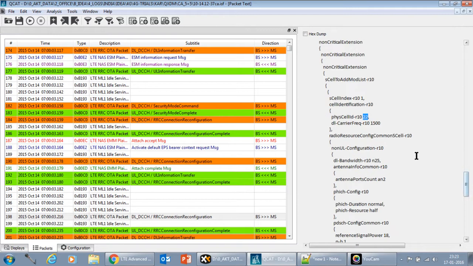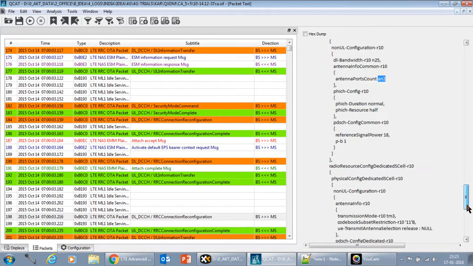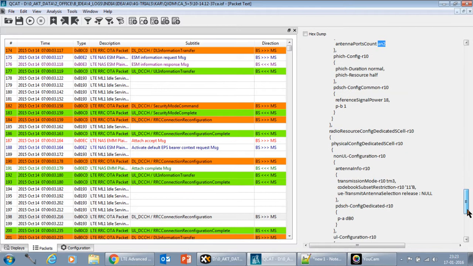Then all the common parameters which are required for the secondary cell are given, including the bandwidth, antenna configuration, 2 ports, PHICH and PDCCH values, what is the reference power, and then the dedicated configuration.